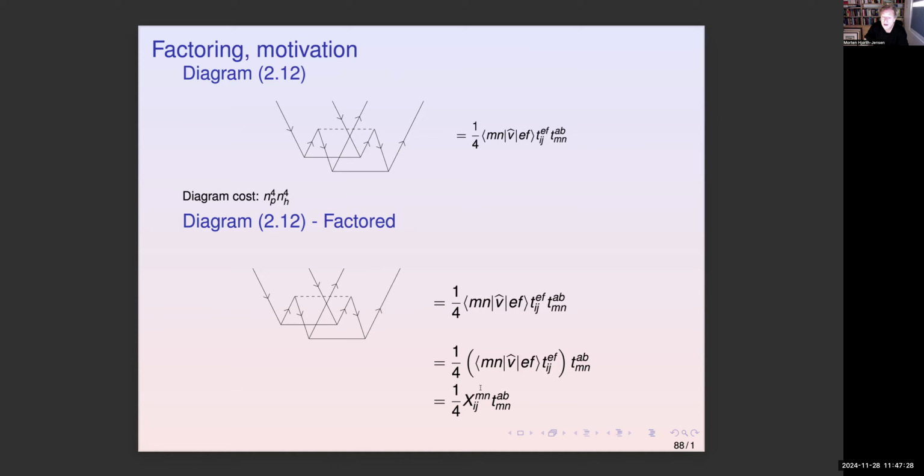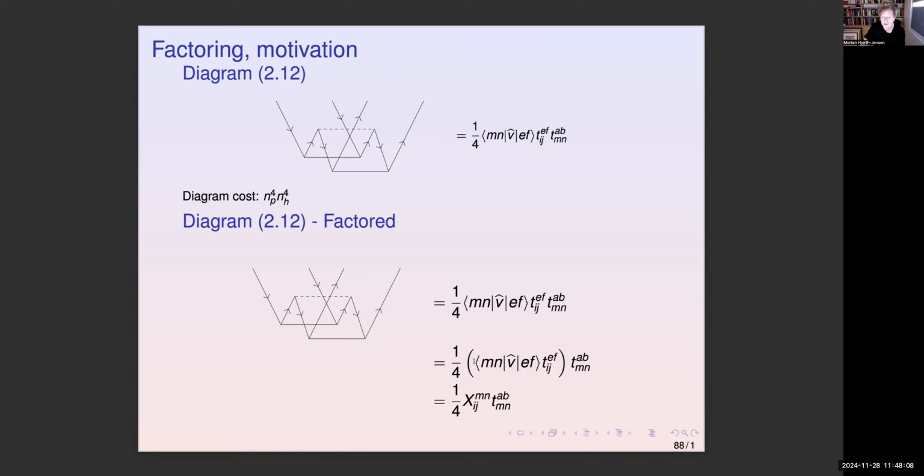And we simply call that a matrix X, where we have now performed the summation over E and F. That leaves us with coefficients with the particle states M and N, as you can see here, and the indices I and J. So we simply perform this calculation by summing over E and F. By doing that, we get a new matrix, and this new matrix has the subscripts M and N and I and J. So these are terms which can be calculated before we actually perform the final calculations here.